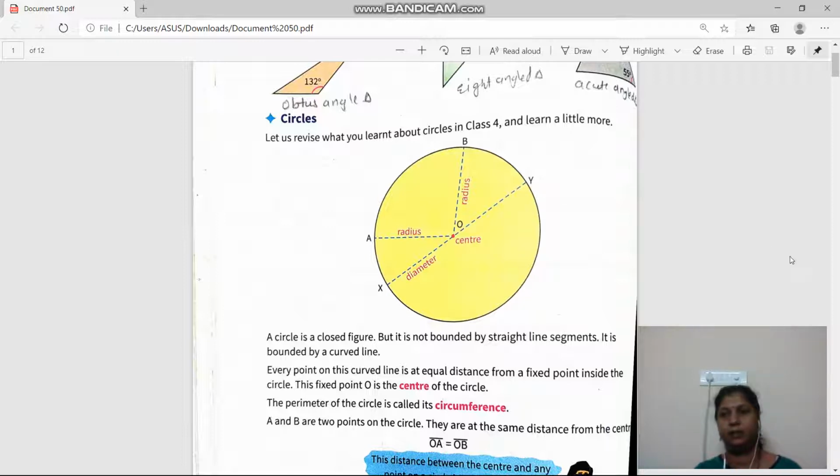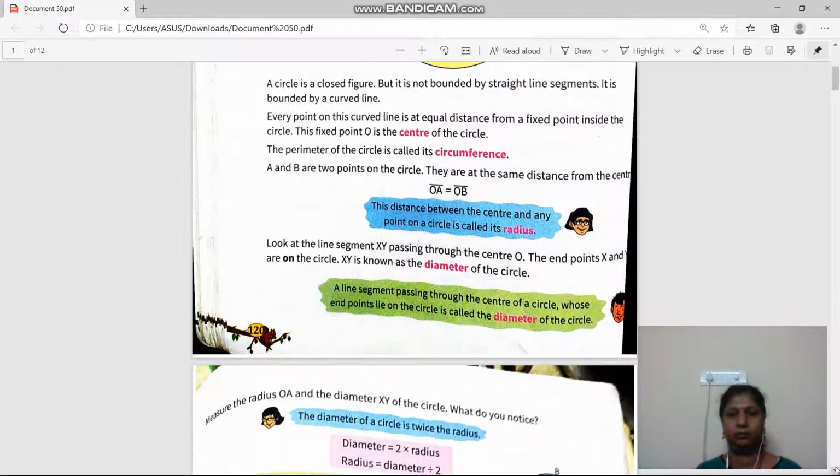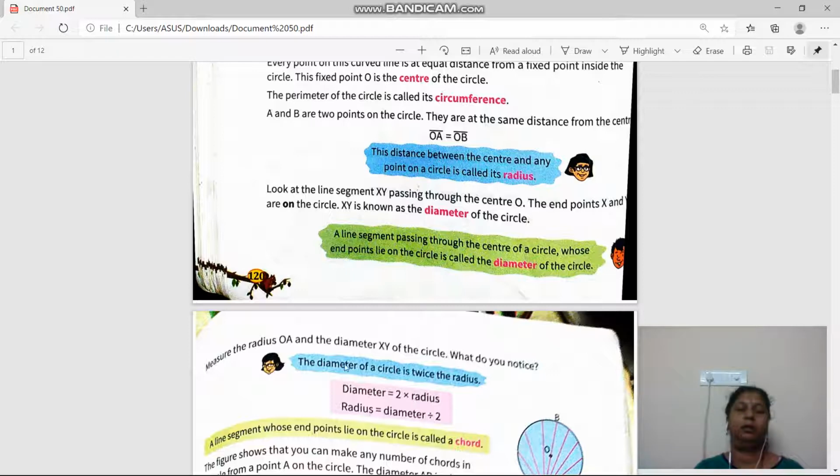Clear? Now next, diameter is twice the radius. Otherwise we can say radius is half of diameter.